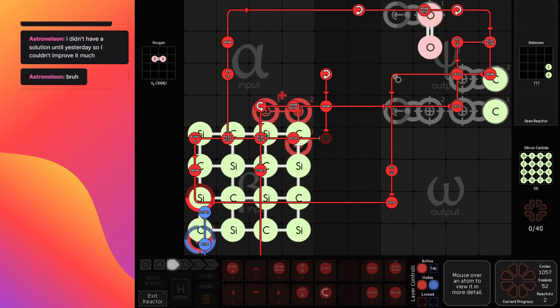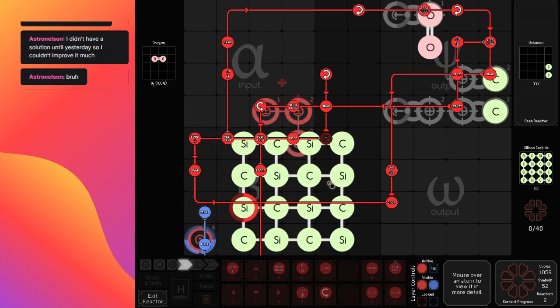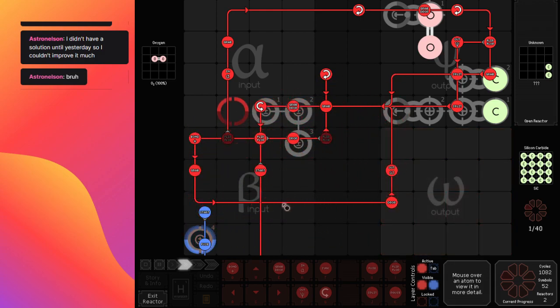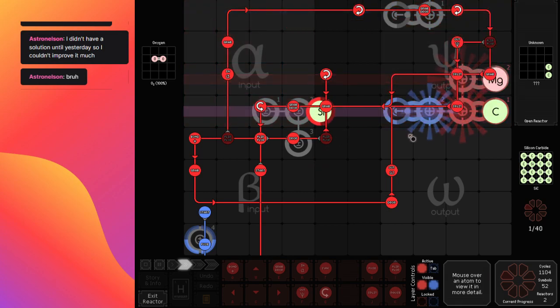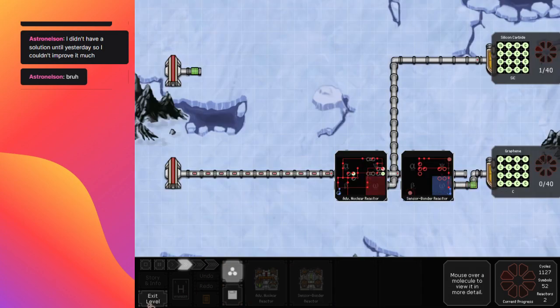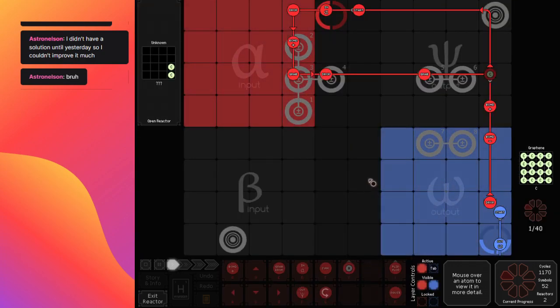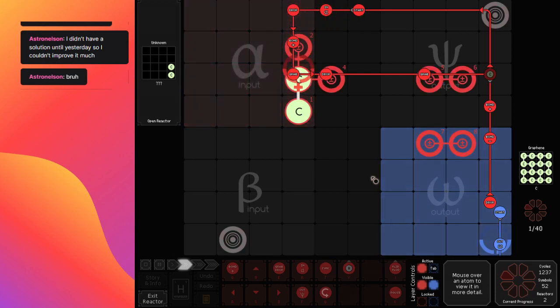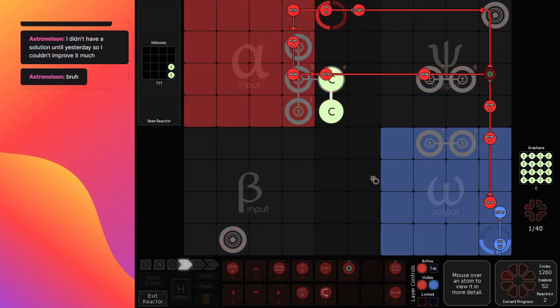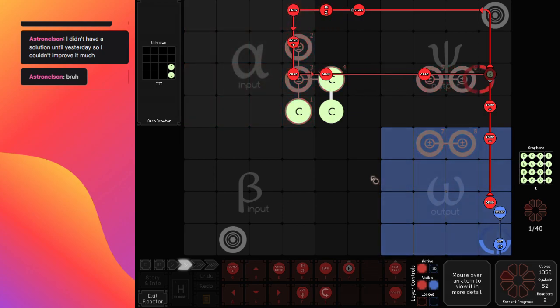Yep, and here's the last one. So grabs over here, drop, output. And then this thing continues. Alrighty, let's take a look at this one. Yep. So input alpha, bond plus, grab, right.